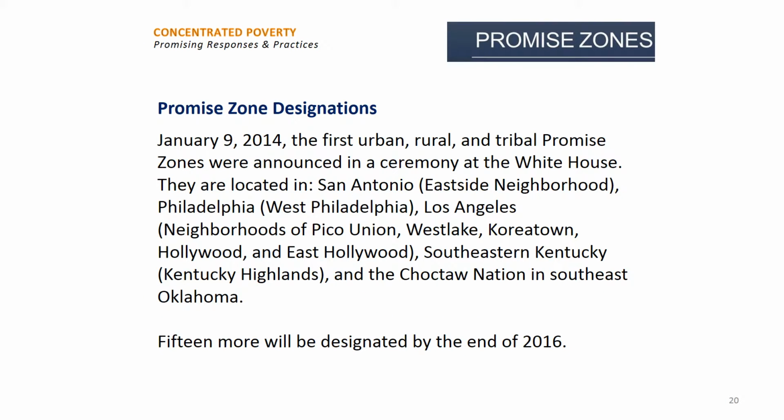Currently, the Promise Zones are operating their first urban, rural, and tribal designations, and they were announced in a ceremony at the White House in January of 2014.